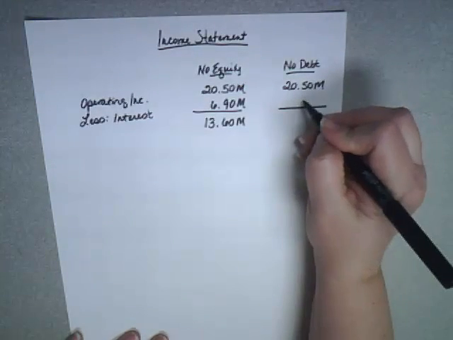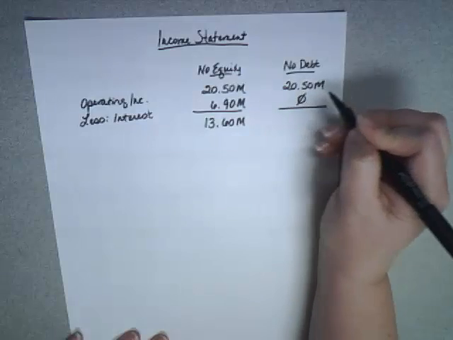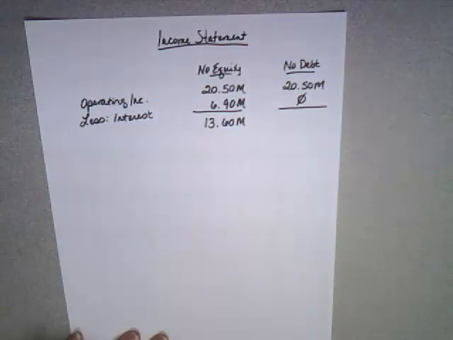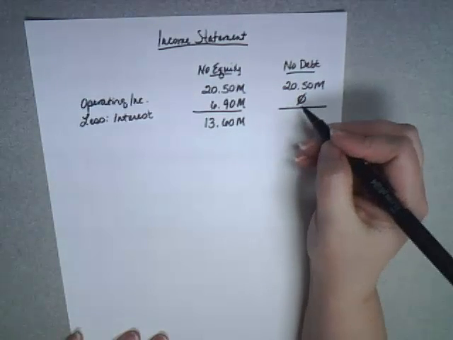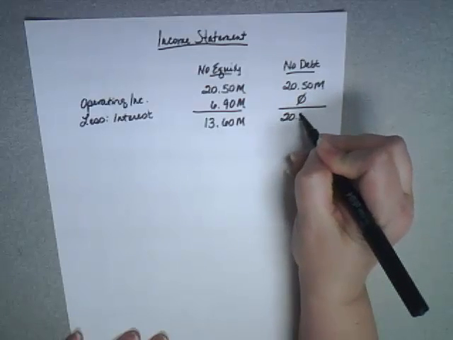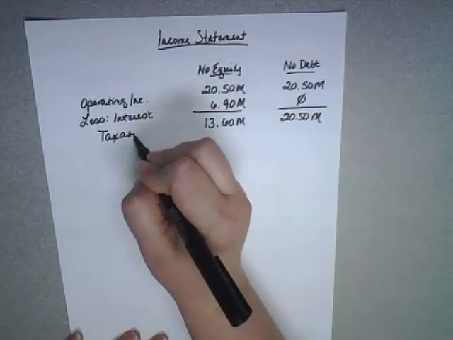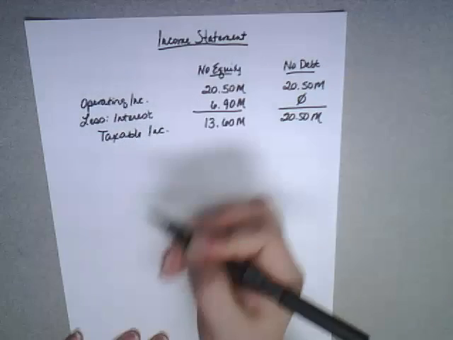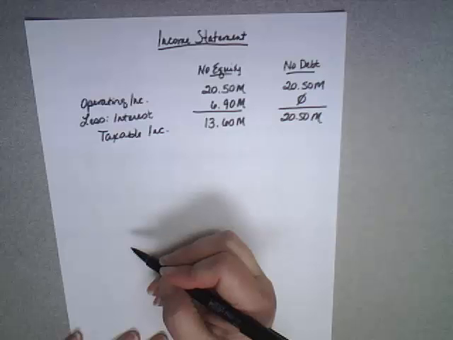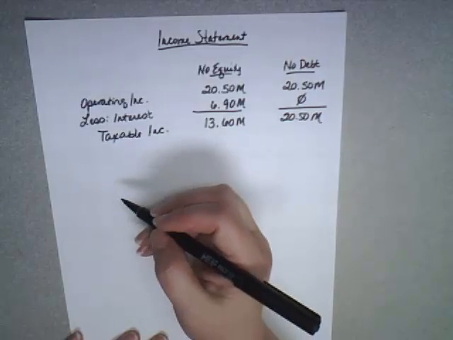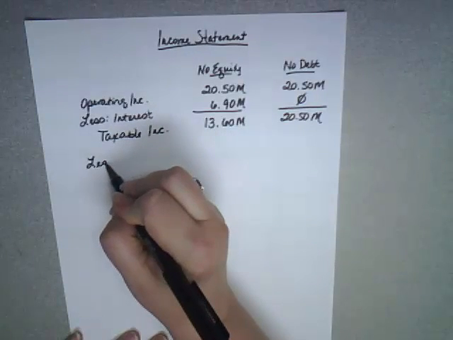Now, we also know that because no debt doesn't have an interest payment, that their taxable income is $20.5 million. Okay, so we'll put taxable income right here. Okay, so both firms have a tax rate of 30%.